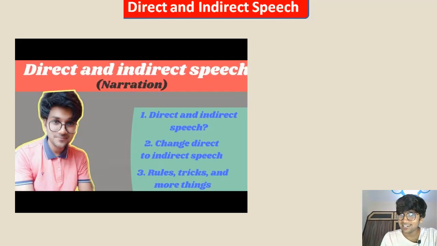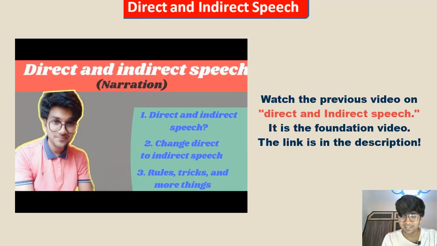So guys, in the last lesson we talked about what is direct speech, what is indirect speech, what are the things we change to change a direct speech into indirect speech, how to change the pronoun, how to change the verb, how to backshift it, why we do it, and what are the adverbs of place and time that we change.